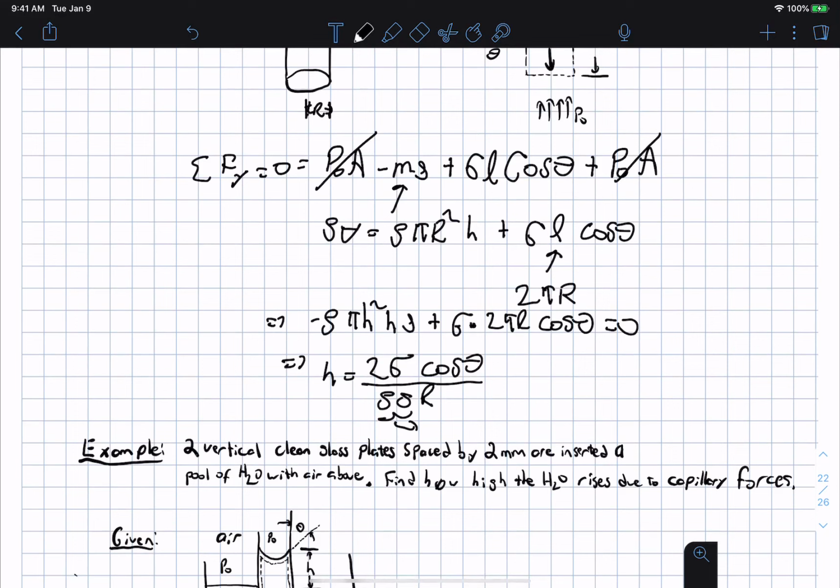Okay, and this here, rho g, is just gamma, and that's the specific weight.